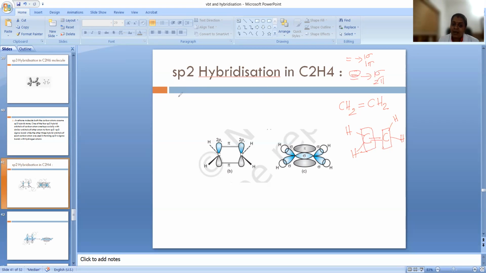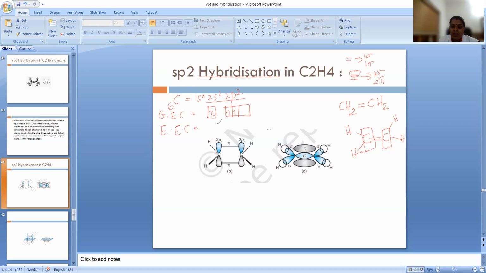Okay, so for the carbon, the electronic configuration is 1s2, 2s2, 2p2. Now we are writing the ground state electronic configuration, the same thing, but I am putting it in boxes: 1s2, 2s2, 2p2. It is like this. Now let us see the excited state electronic configuration.